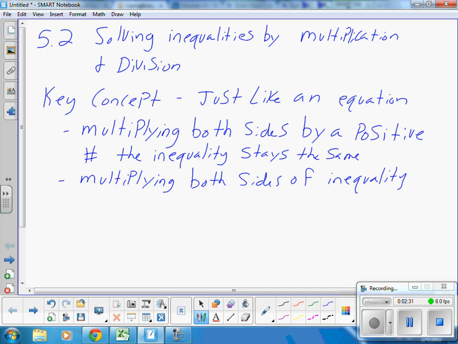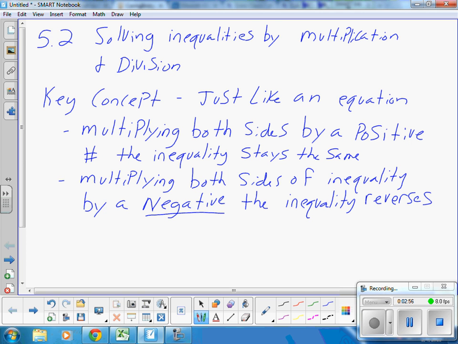Inequality. Multiplying both sides of an inequality by a negative, the inequality reverses.